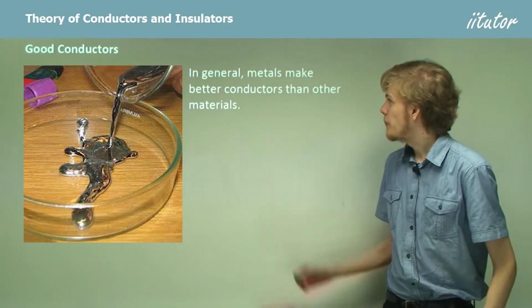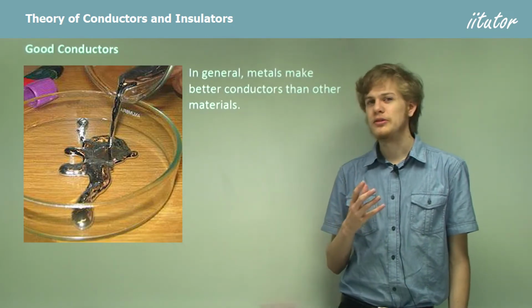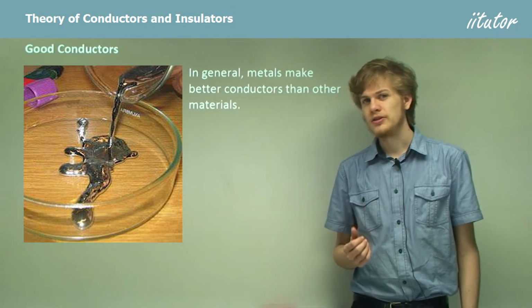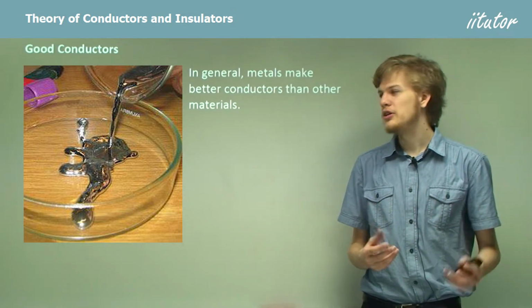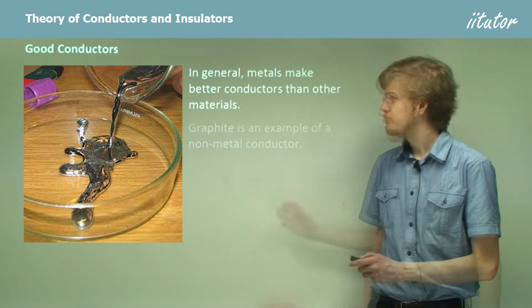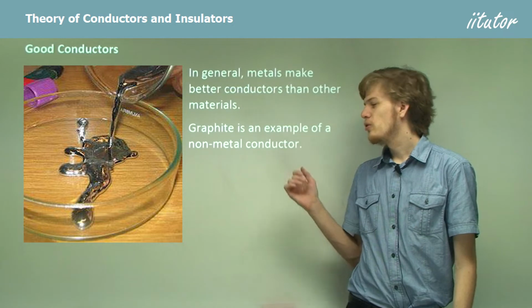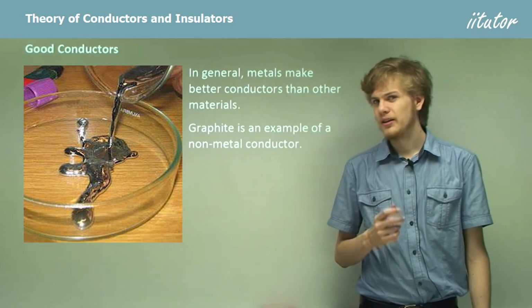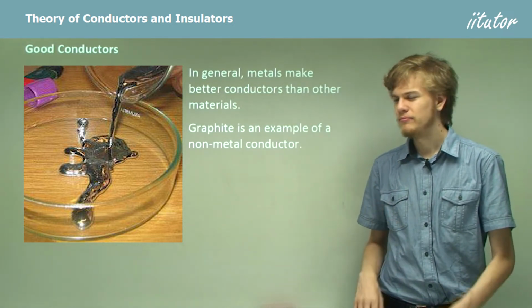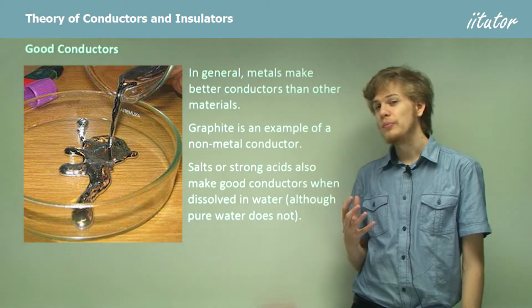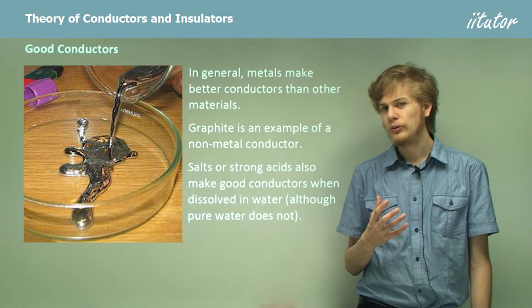Now, in general, metals make better conductors than other materials. So the best sort of conductor is metal, whether that's iron or copper or aluminium or mercury. Graphite, which is a little like charcoal, is an example of a non-metal conductor. Can you remember what graphite is made out of? It's made out of carbon. And salts and strong acids can also make good conductors as long as they're dissolved in water.